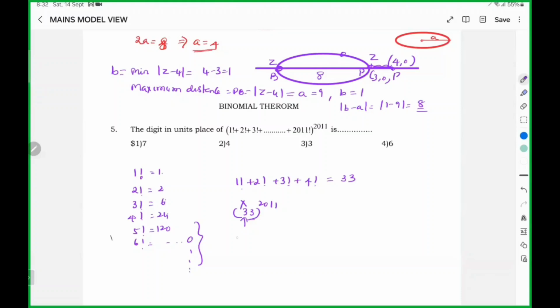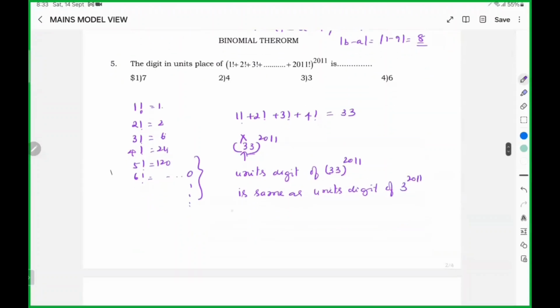So the units digit of 33 whole power 2011 is the same as the units digit of 3 power 2011. As we know, 3 power 4 is 81, which ends with 1. Any power of 3 power 4 ends with definitely 1.